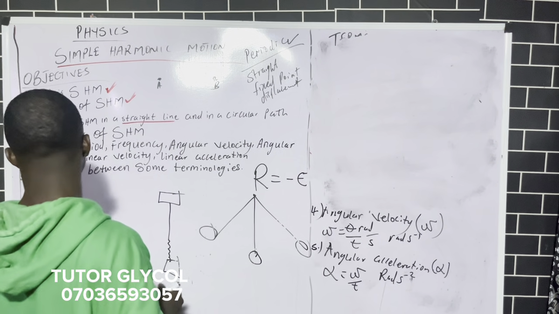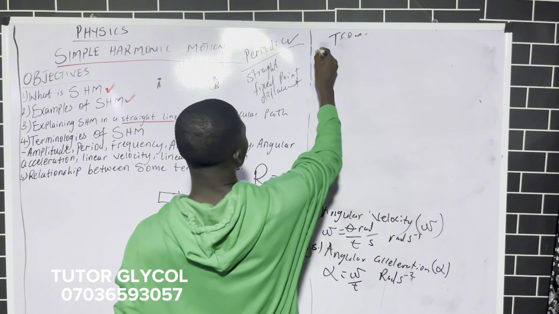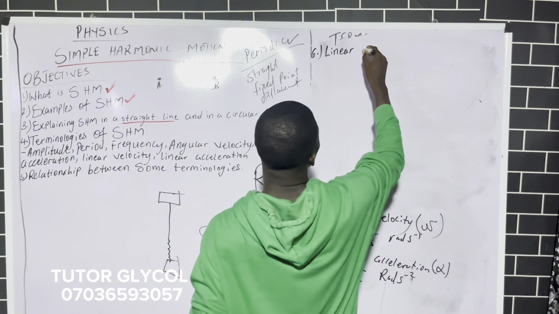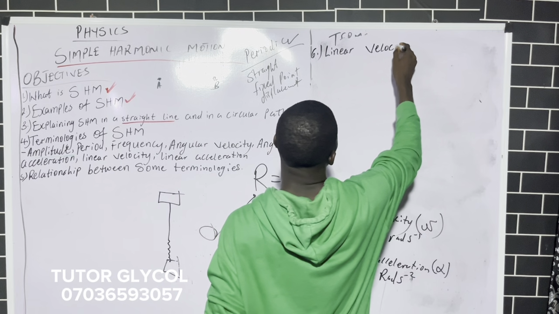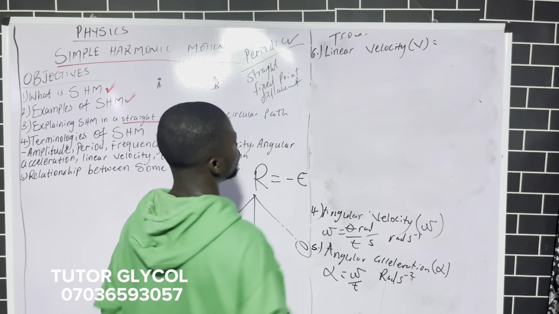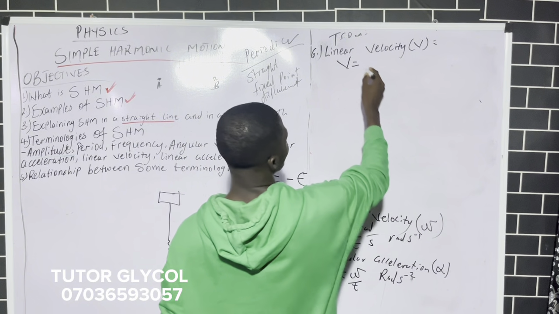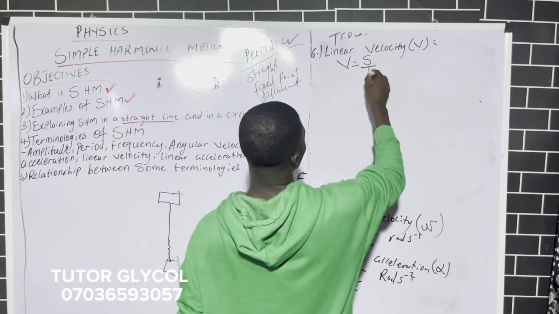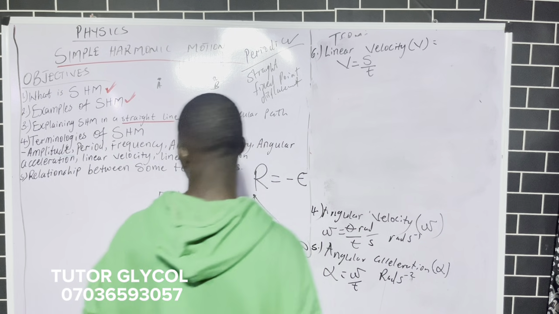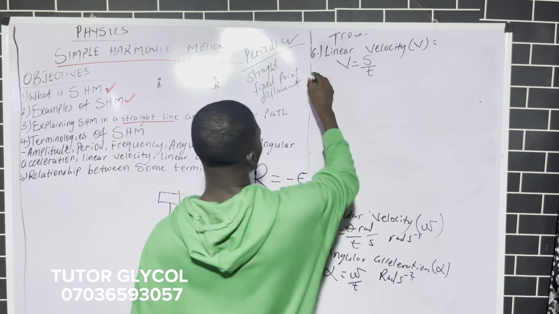Number 6, that's linear velocity. You can see I separated them. I didn't just write velocity, linear velocity. This is the one you know, v. So obviously you know that v is equal to what? Distance, s, over time. Right? You know this now, so don't forget. Then we have linear acceleration, number 7.